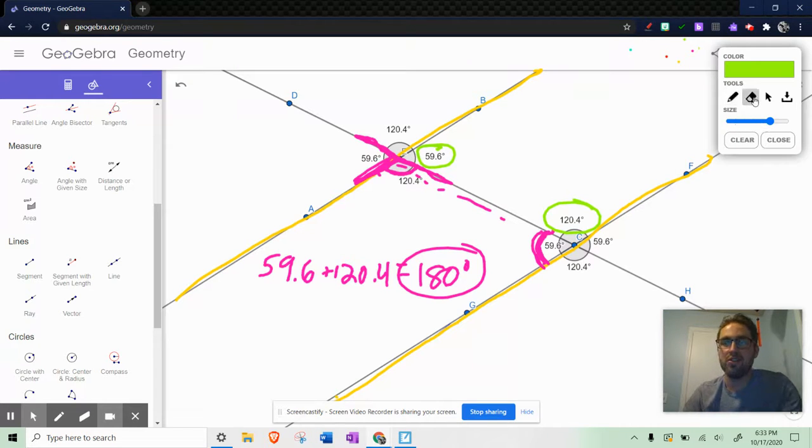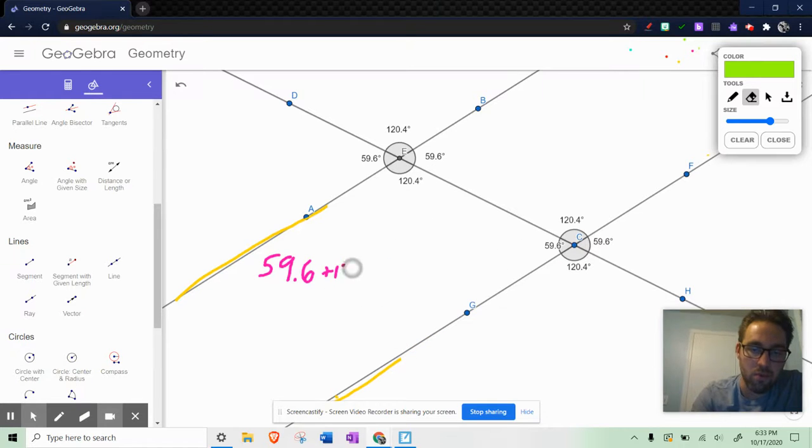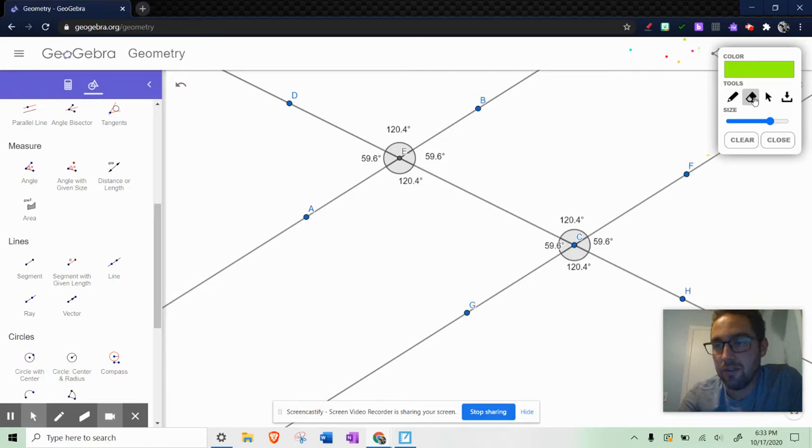And the last relationship we have is corresponding angles. And if you were able to look at this diagram and diagnose what's going on pretty quickly, you can see exactly where we're going to end up. So let's see this real quick.